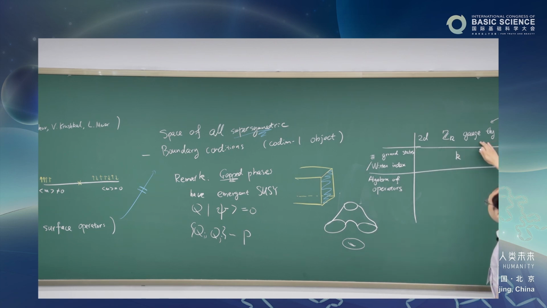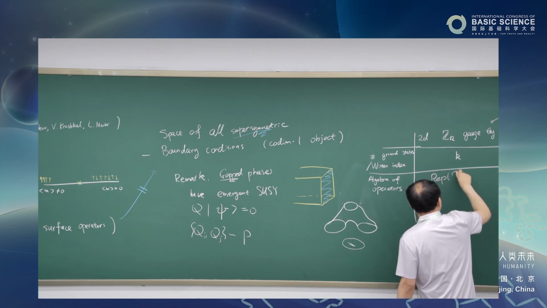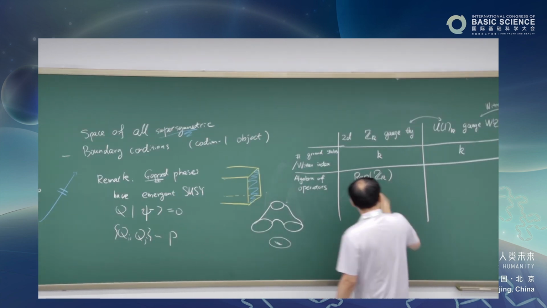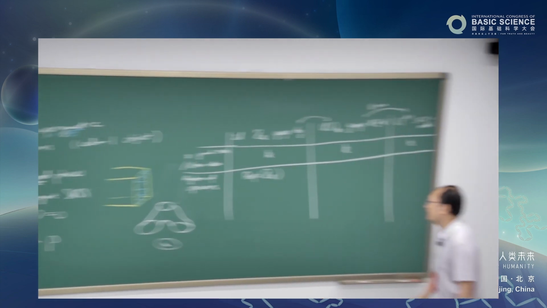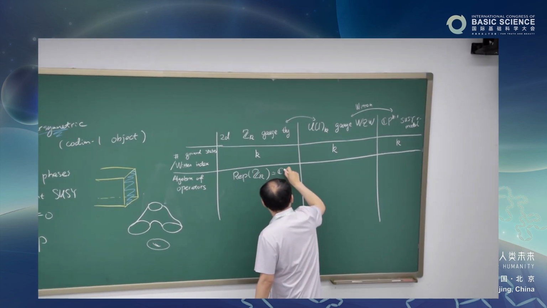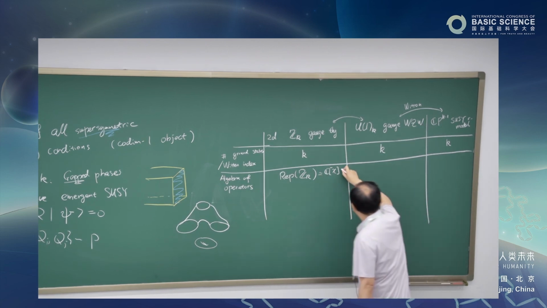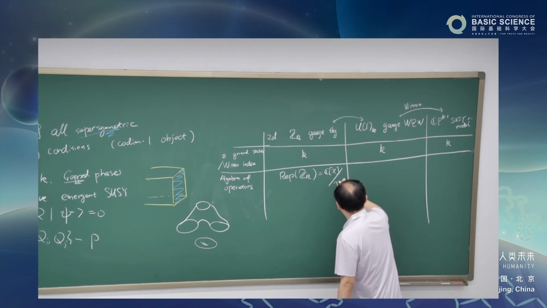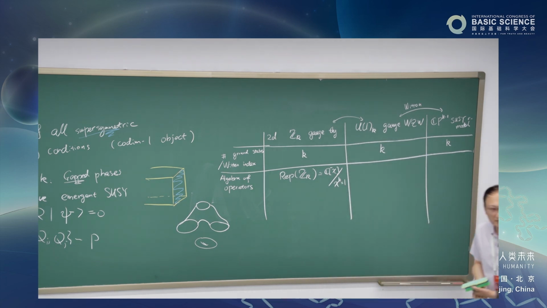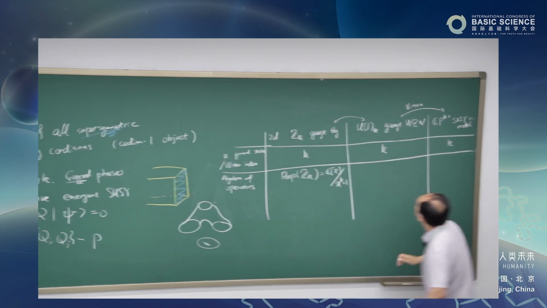What's the algebra for the Z_K theory? That's just the representation ring of Z_K. In particular, you can think of it as a polynomial ring in one variable, but with a relation that x to the K equals 1. So that's the algebra of operators in the Z_K theory.